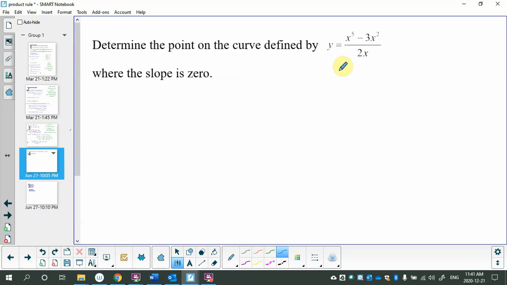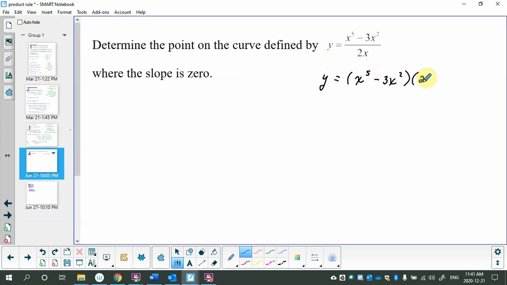So the first thing I'm going to do is show you how to take this quotient and turn it into a product so you can use the product rule. Because we haven't dealt with the quotient rule. It's like a lesson and a half from now. So this is still y. I'm going to put x to the 5 minus 3x to the 2, no exponent, but in a bracket.